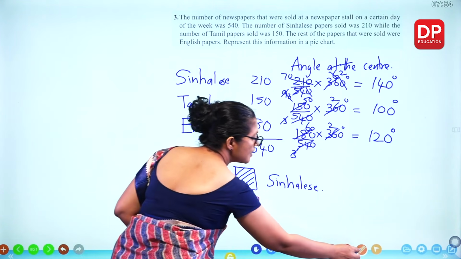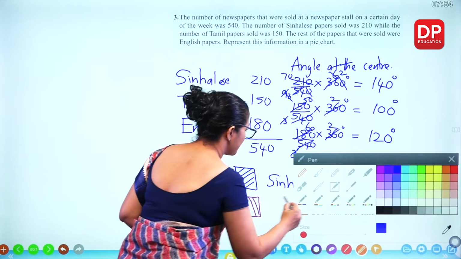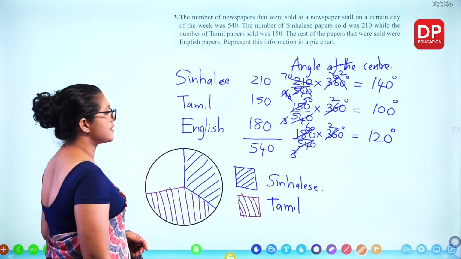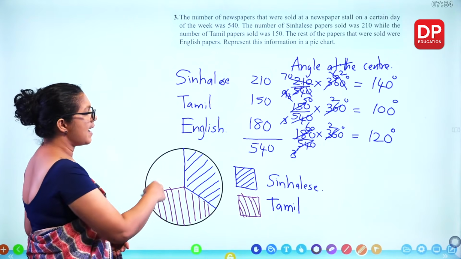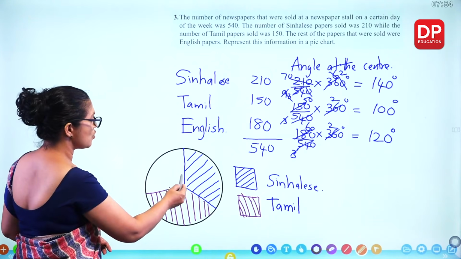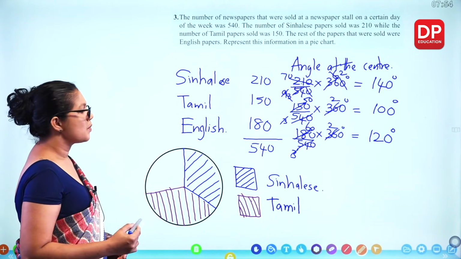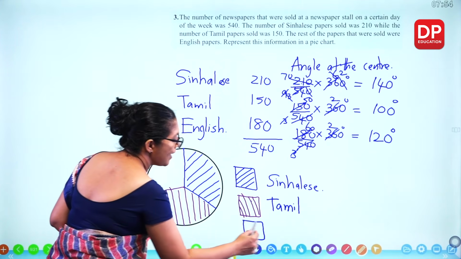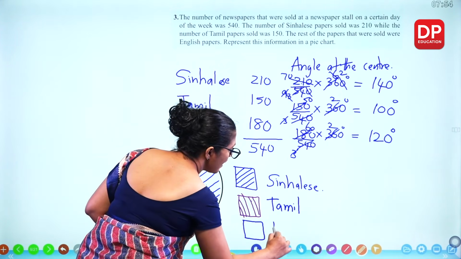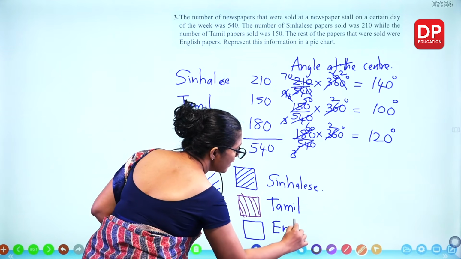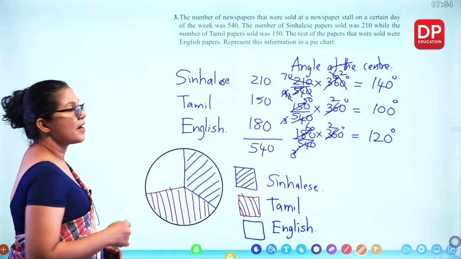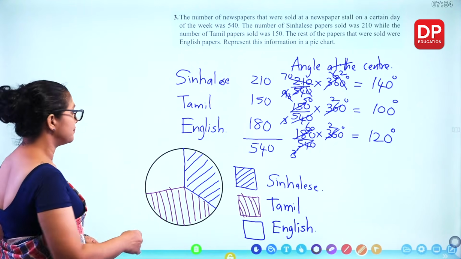So that's Tamil papers. Then the rest I can keep blank. That's the English paper. So this is 120 degrees. So here I can draw with a blank space and write down this is English. So that's how you show this on a pie chart.